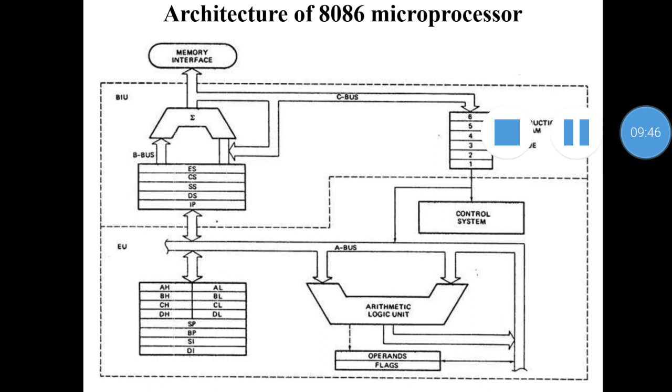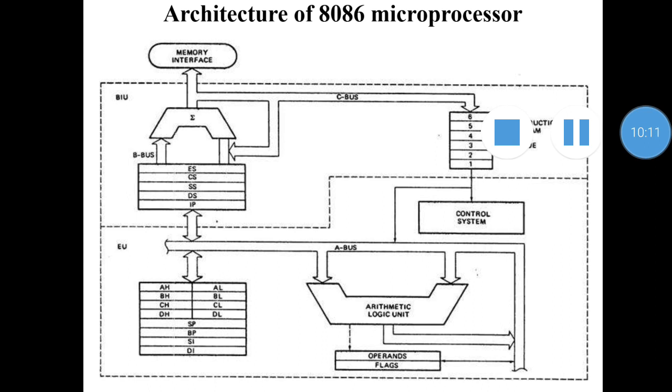When the execution unit decodes the instruction, the bus interface unit fetches instruction code from memory and stores it in the queue.